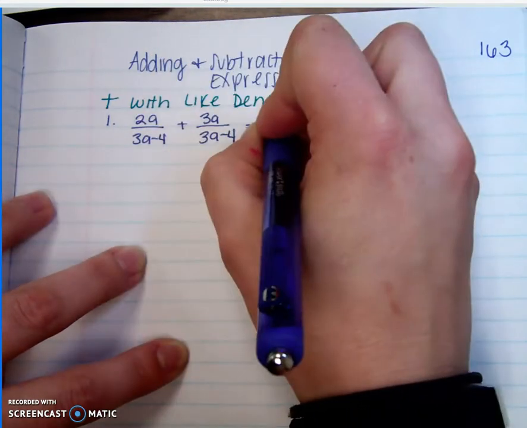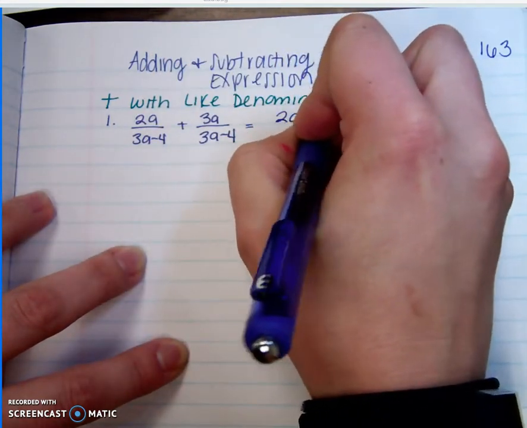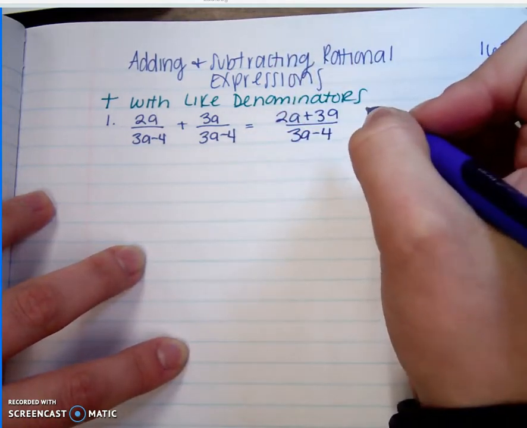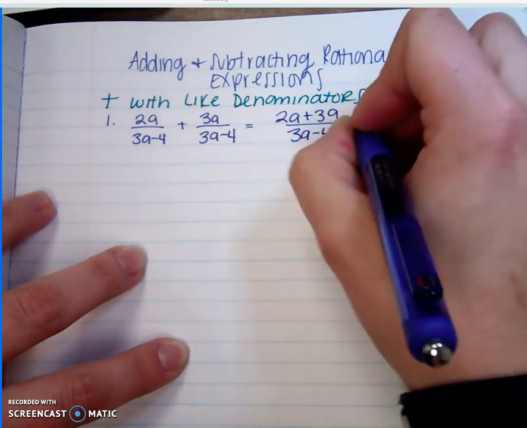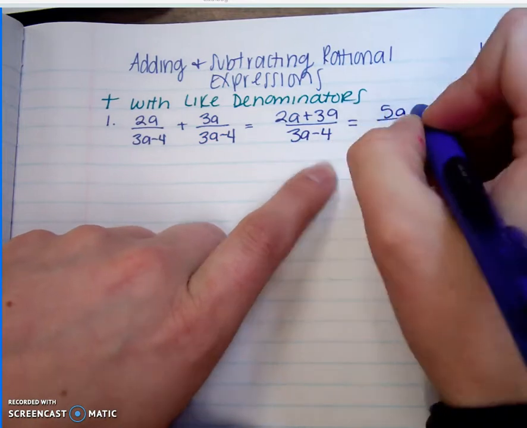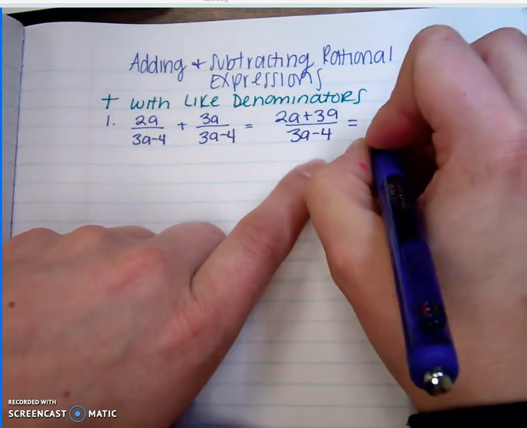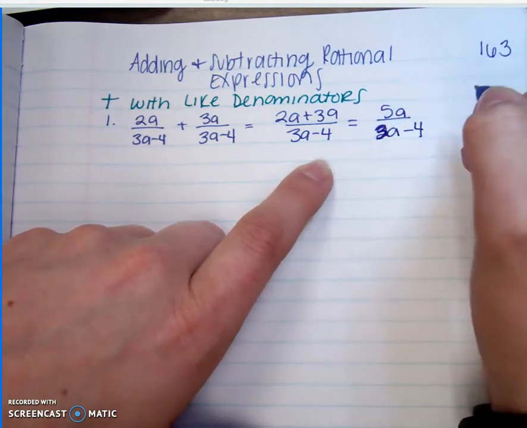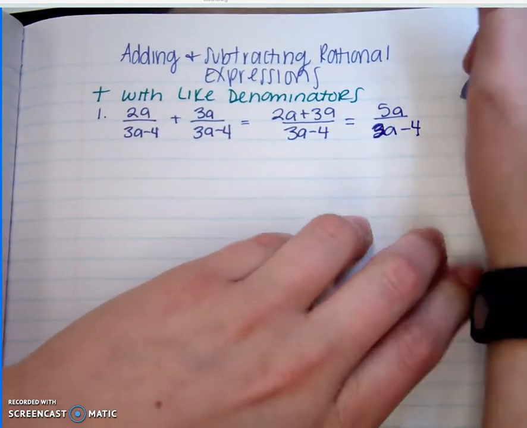So 2a plus 3a over 3a minus 4. Those are just like terms. 2a and 3a is 5a. Keep the denominator the same, 3a minus 4.